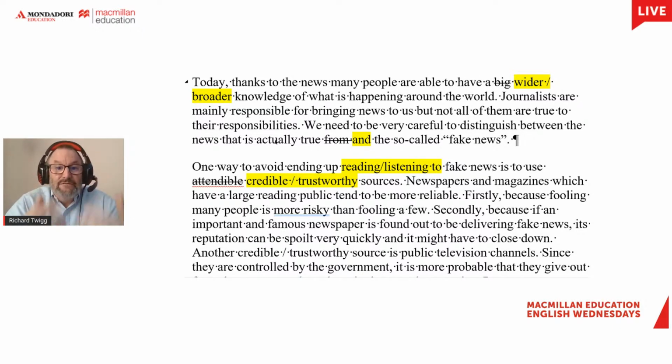I'm getting the students involved in the process and asking them and say, come on, we are able to have a big knowledge. Does big collocate with knowledge? What other words, what other adjectives could I use? And I get them to come out with them. And if they don't, then I help them and I say, okay, here's a couple of words, but at least they're starting to think about it and trying to think, what else have I heard with knowledge? So that would be an example here.